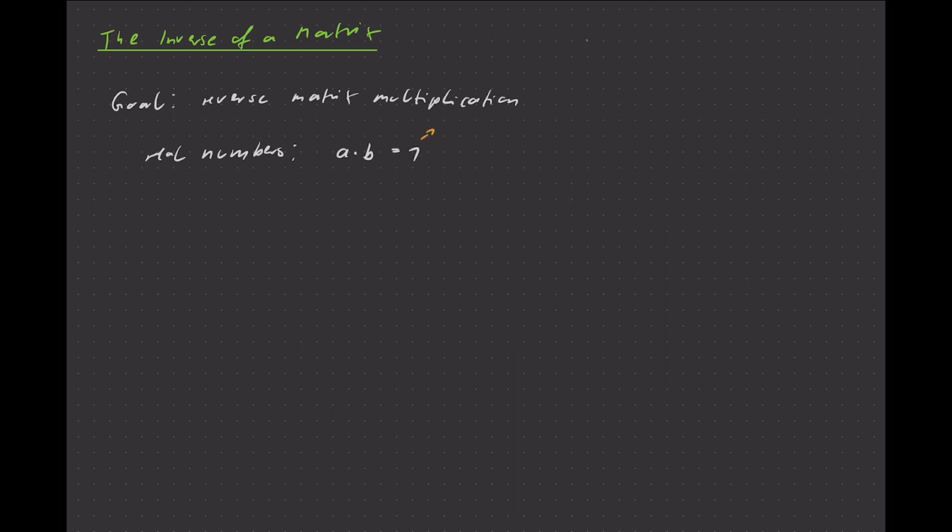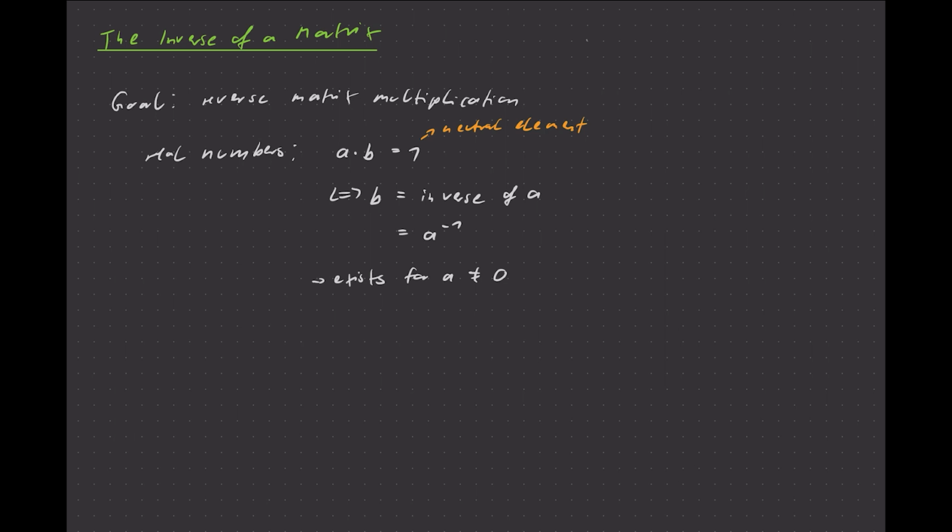And 1 is the neutral element of multiplication. And this element B is what we call the inverse of A. And we write it as A to the minus 1. So this exists for A not equal to 0.